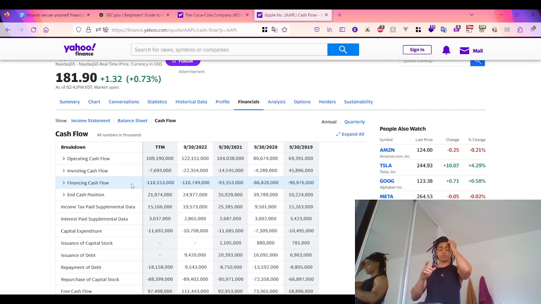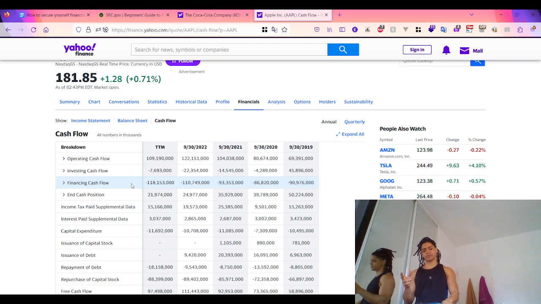And here, working capital is the difference between current assets minus current liabilities, to see if a company has enough liquidity to pay its obligations, and this is just one metric for short-term financial health. Okay.